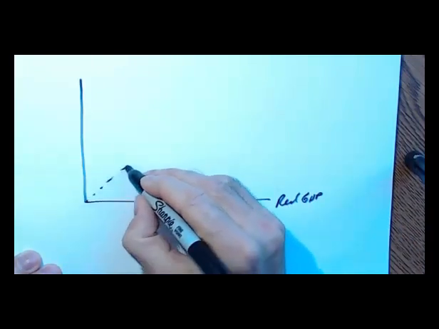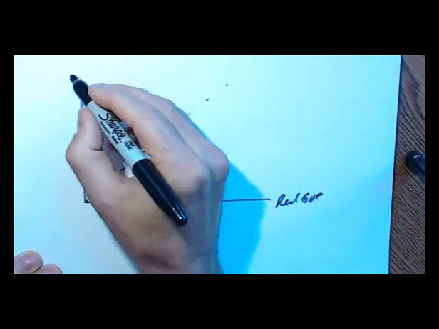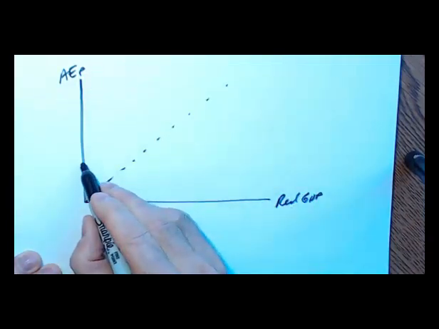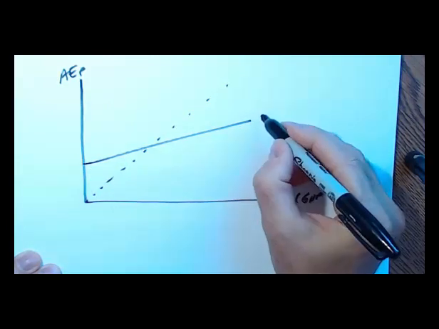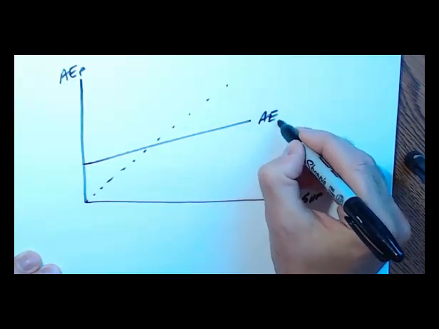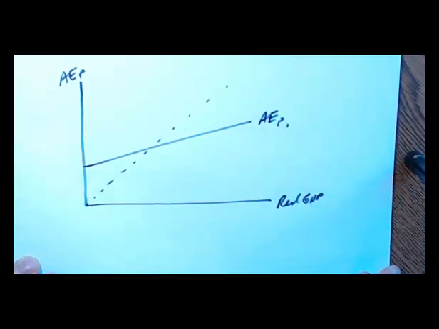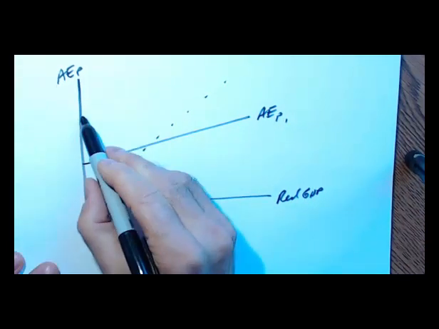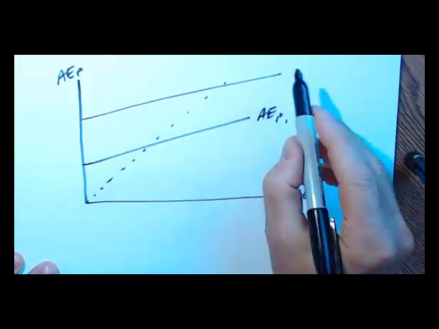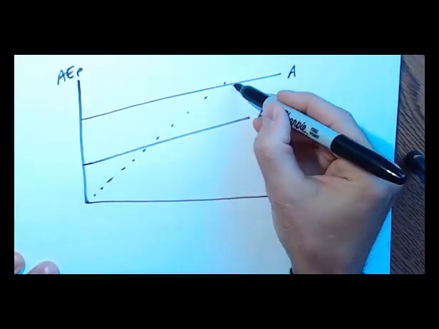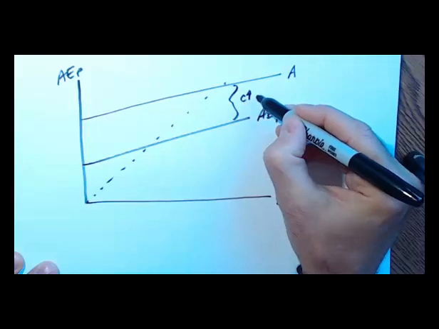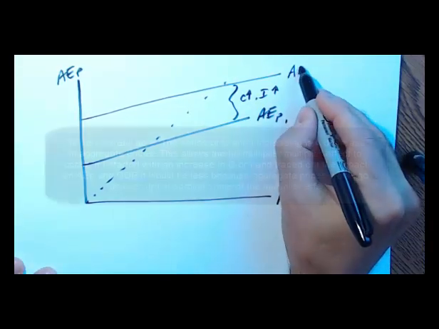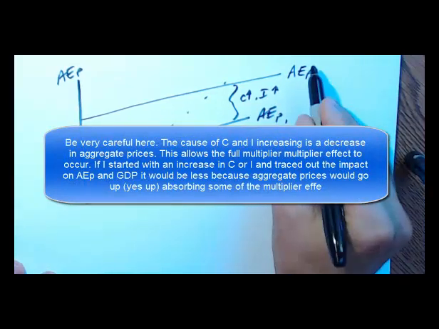You have the 45-degree line, and here you have planned aggregate expenditures, AEP 1, which means planned aggregate expenditures 1, and then we have a boost, an increase in consumption and I, which causes planned aggregate expenditures to go from 1 to 2.